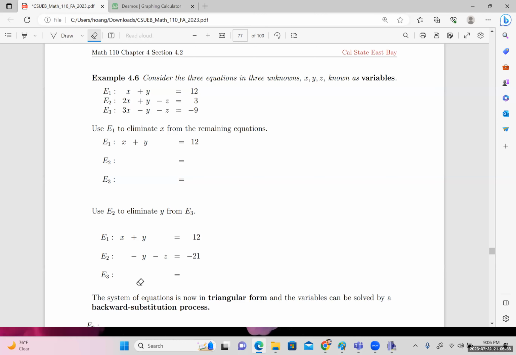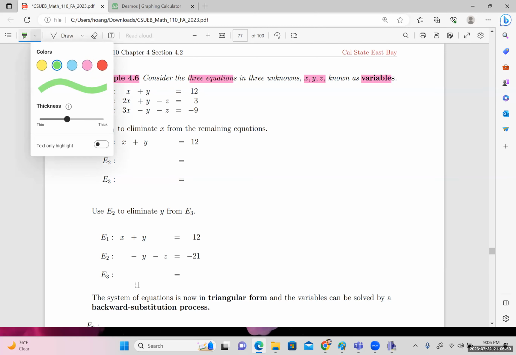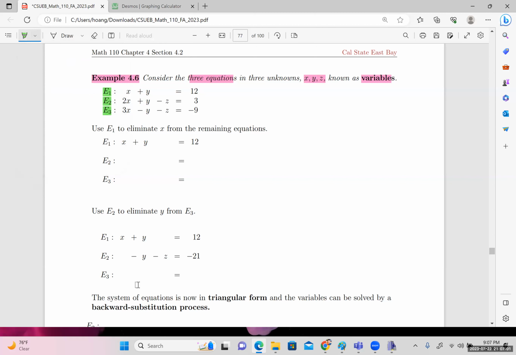Okay, so in 4.6, I consider the 3 equations where 3 are known as x, y, z, and they are variables. All right, and I label them as E1, E2, and E3 here. Maybe I use the other color. All right.